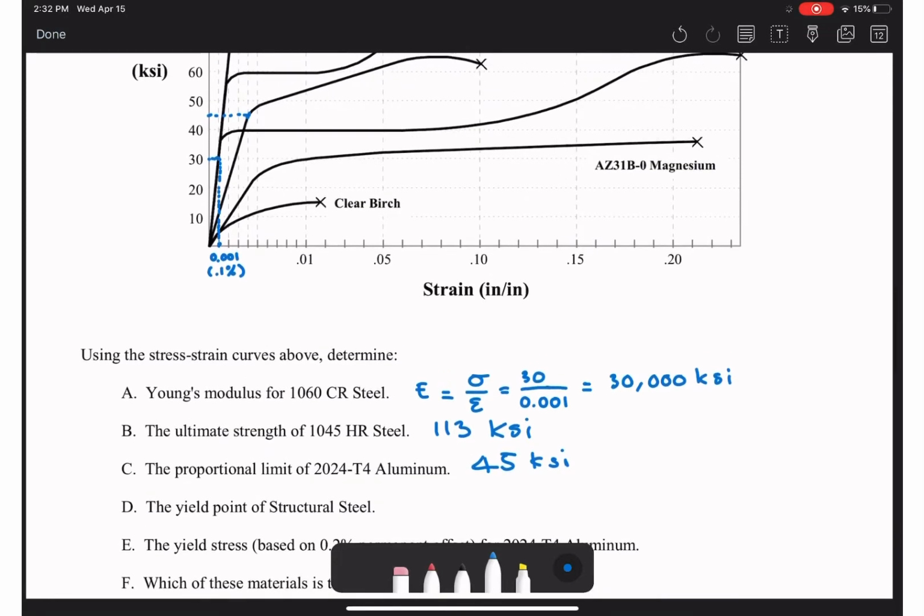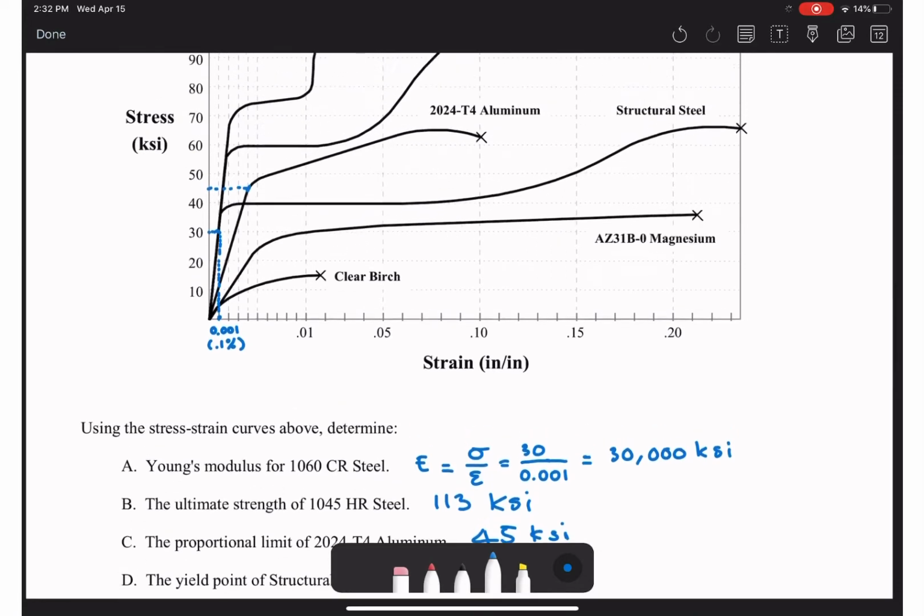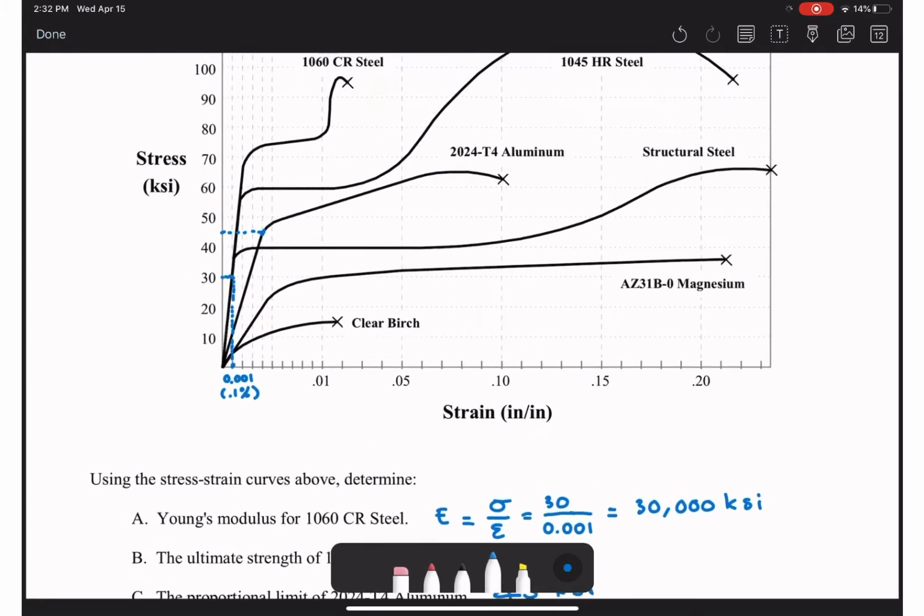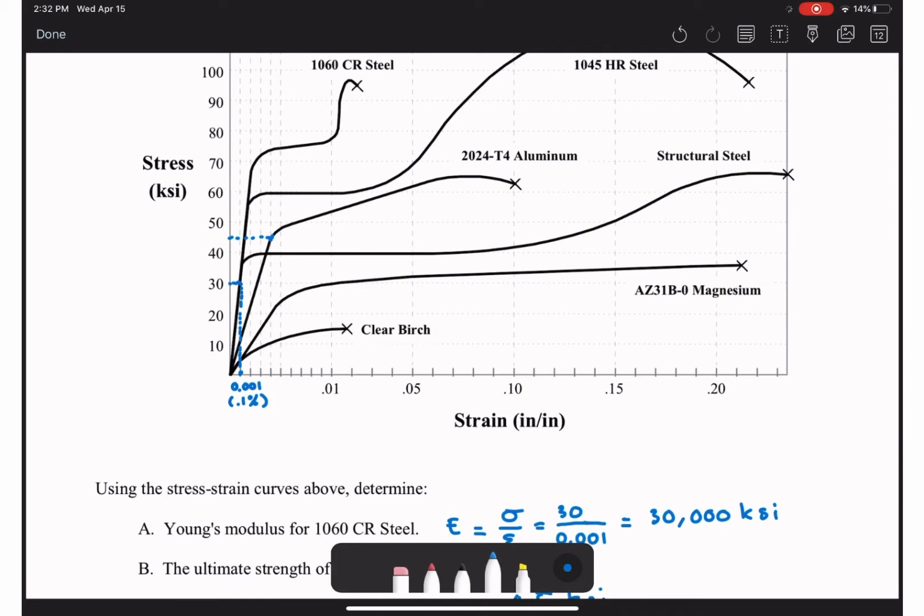And D, what is the yield point or the yield stress of the structural steel? The yield point is the point where the body begins to yield. So structural steel begins to yield somewhere here, let's put it in red, and then you see the horizontal line go very far.